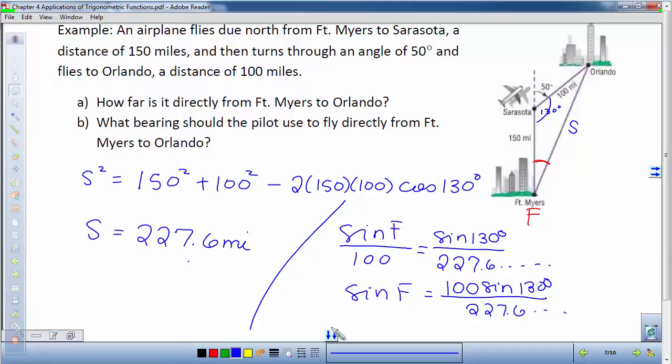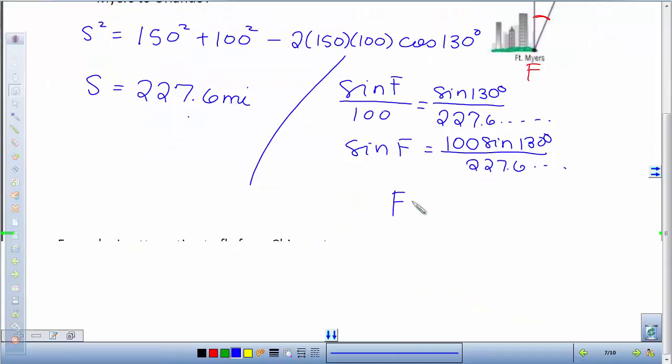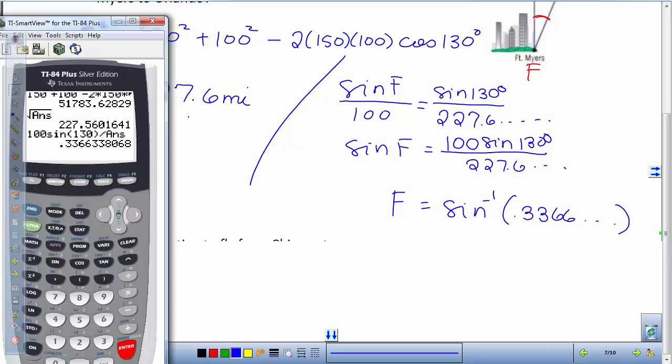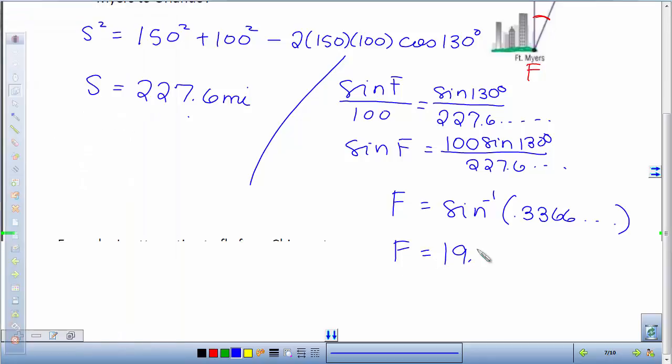So F equals sine inverse of 0.3366. We get 19.6, okay, 19.7, let's say. All right, so we would say the bearing needs to be north 19.7 degrees east.